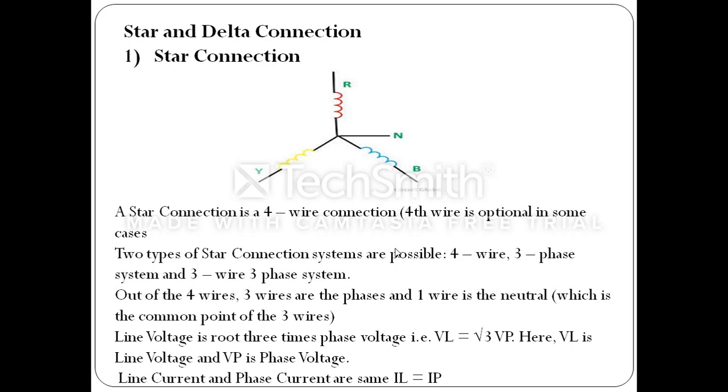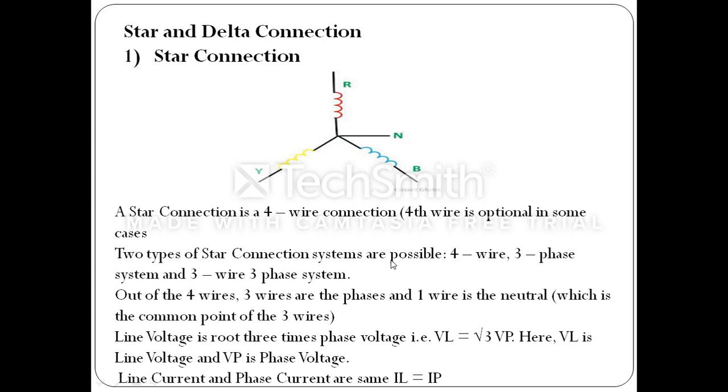Two types of star connection system are possible: the four wire three-phase system and the three wire three-phase system. Of the wires, three are the phases and one wire is the neutral, which is the common point, as shown in the figure. So R, Y, B, these three wires are phases and N is the neutral point.